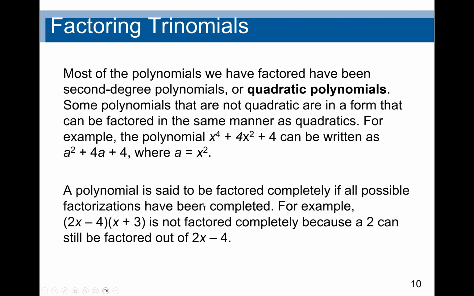So here we say a polynomial is said to be factored completely if all the possible factorizations have been completed. For example, if we have 2x minus 4 times x plus 3, it's not factored completely. Why? Because 2 can still be factored out of 2x minus 4. So we can take 2 out and we get x minus 2. So to be factored completely, our answer will be 2 times x minus 2 times x plus 3.